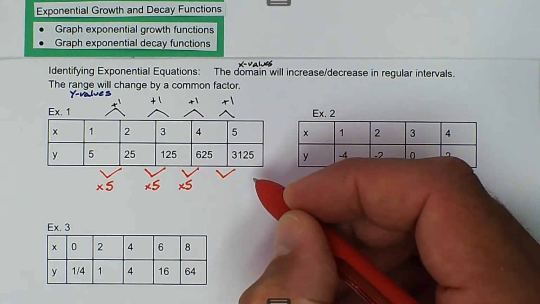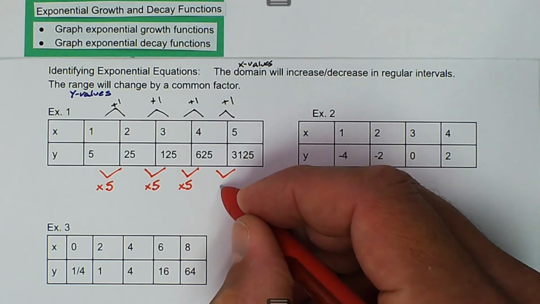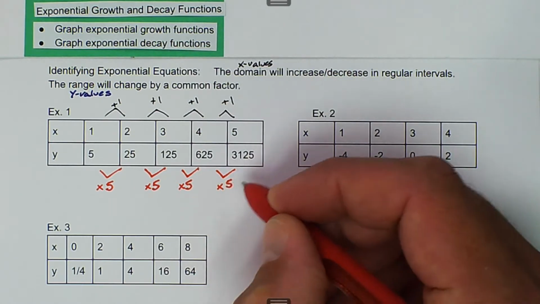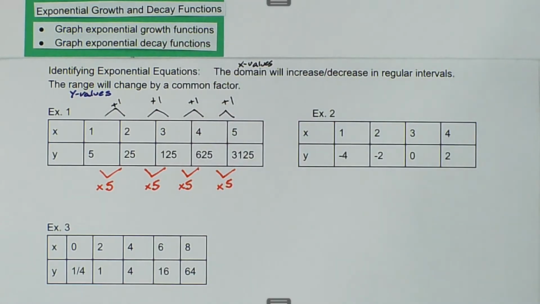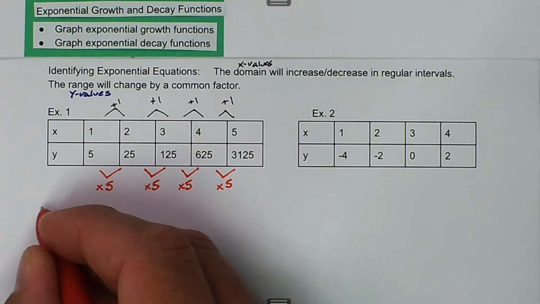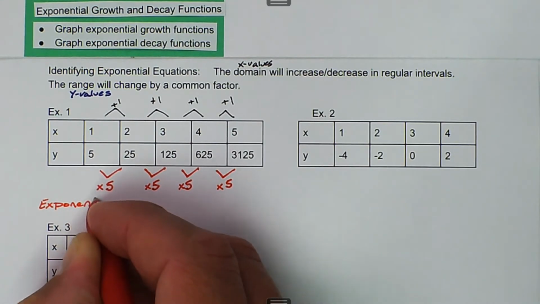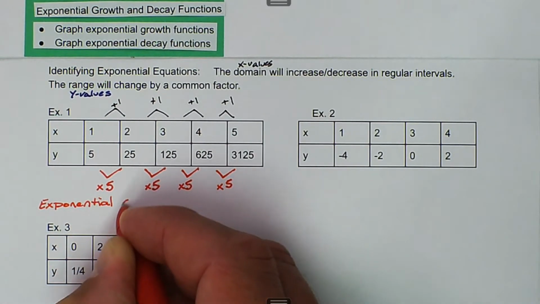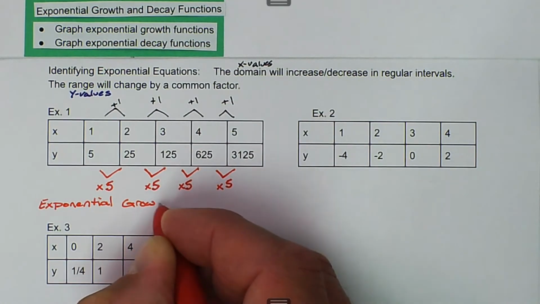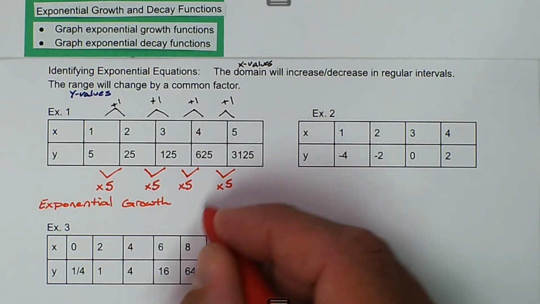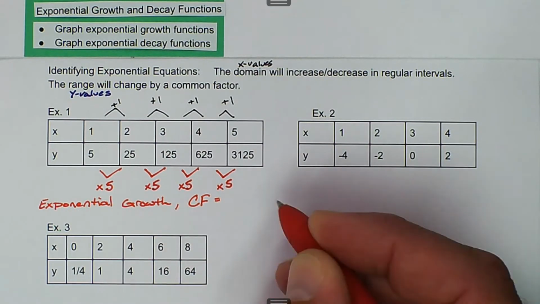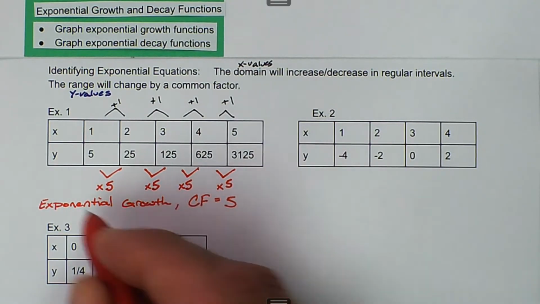And 625 to 3,125, we are multiplying by 5. So this is exponential. This is exponential growth. And in this case, the common factor is equal to 5.